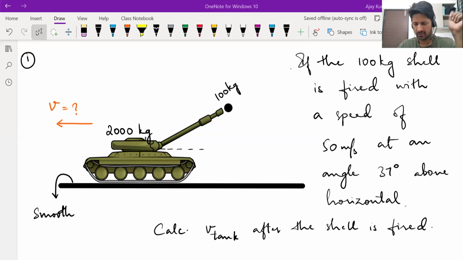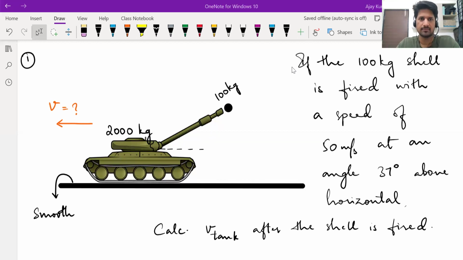Okay, one of you tell me, why should the tank gain any velocity? Like what gives it that velocity?